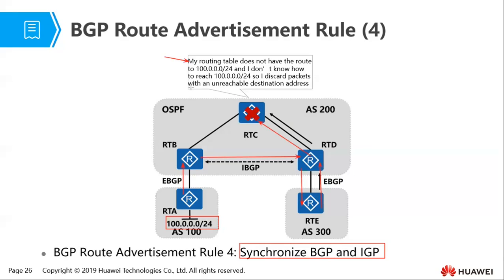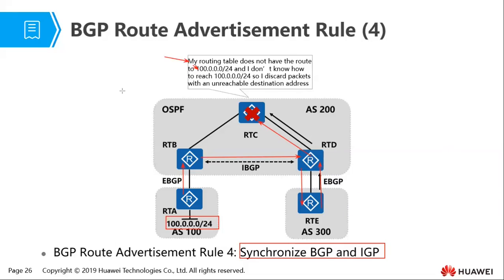So I discard the packet with unreachable destination address error. So RTC will simply drop that packet because it is not aware of this network. It does not have it in its routing table. Now, this can cause what we call the black hole problem, where packets are sent to a destination where they are simply going to be discarded and disappear. So this can result in the black hole problem.